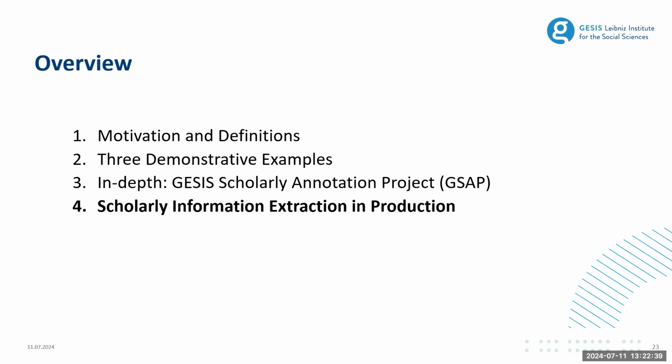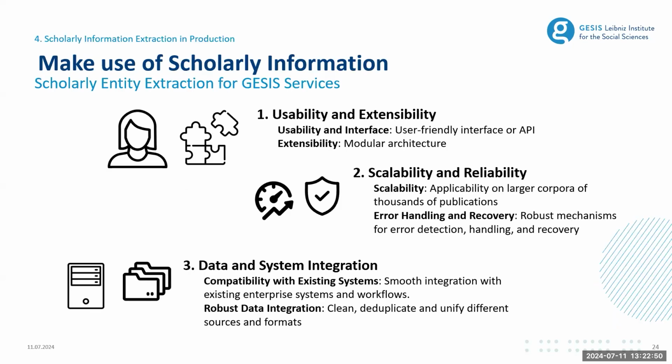Lastly, I want to talk about how to use scholarly information extraction systems in production. And I concentrate on 3 aspects which need to be represented in the modeling of such an integration.